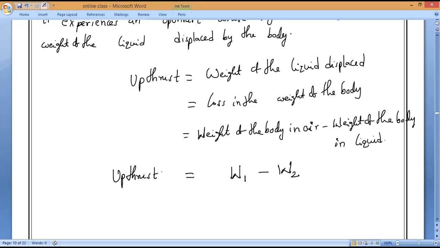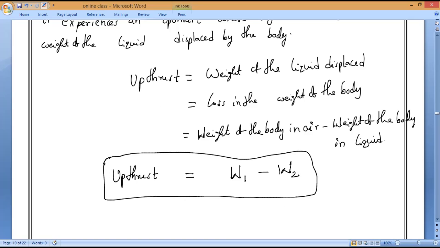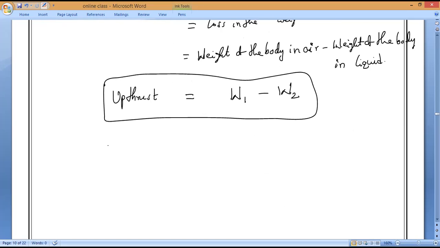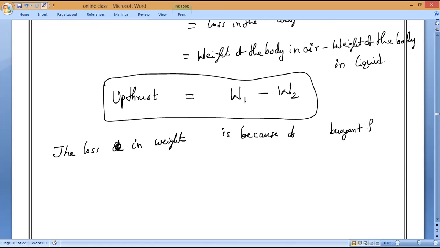So a body loses its weight because of one force. What is that force? Buoyancy force, or upthrust. The loss in weight is because of buoyant force. That is what you have to remember.